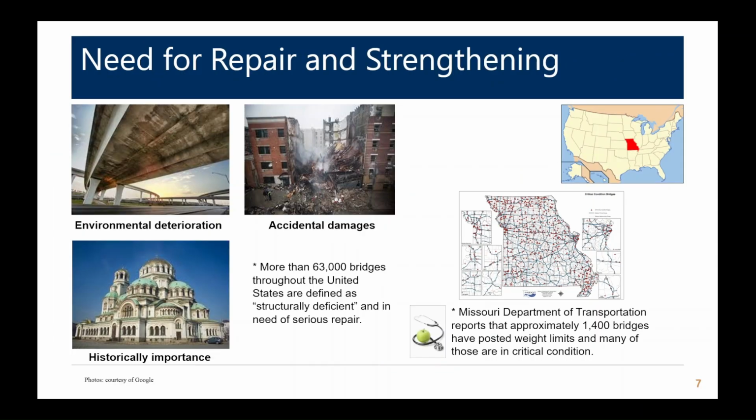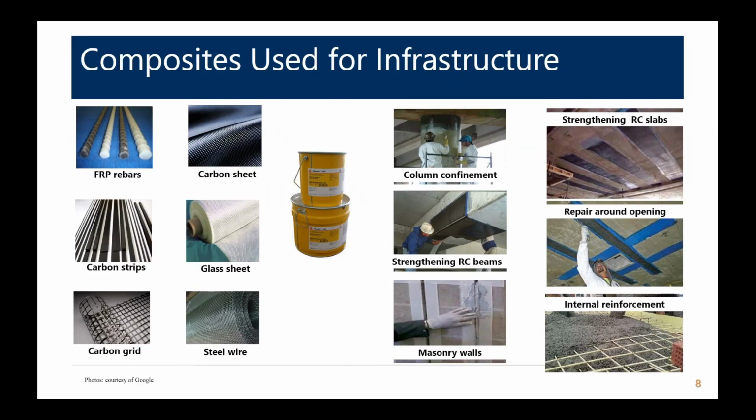There's lots of reasons, of course, for repair and strengthening. It could be due to environmental degradation, man-made or natural events, those sorts of things. Or in the case of Missouri, we have lots of structurally deficient bridges in the state, and we've done a lot in that particular area.